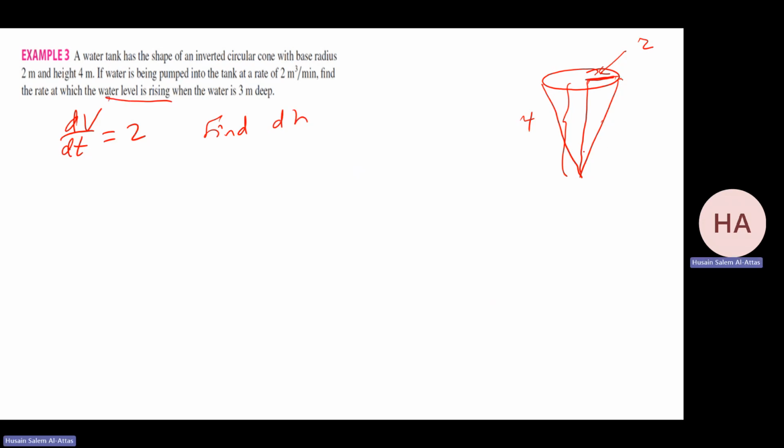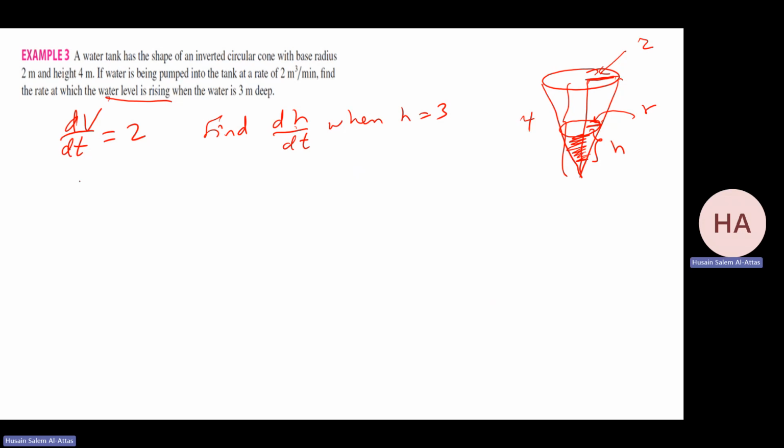Well, if we make, there is water here. So I have, this is small r, and this is small h. I want the water level rising, so I want dH/dt when h equals 3. This is what I want.